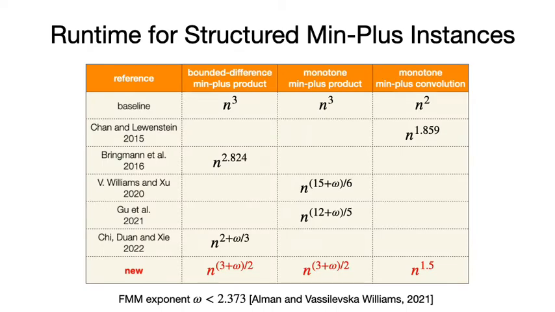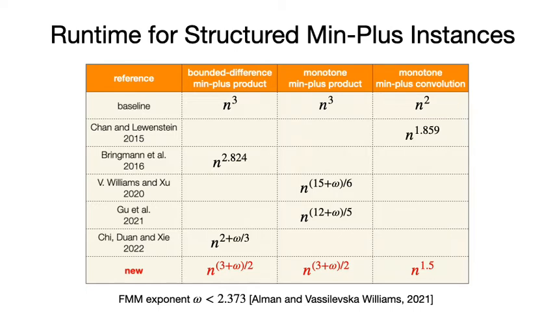This table summarizes all the runtime complexities on different versions of min plus product problems. The baseline for matrix product is cubic, and for convolution problems it is quadratic. In a paper by Chang and Levinstein in 2015, they had the first subquadratic time algorithm with runtime n to the 1.859.